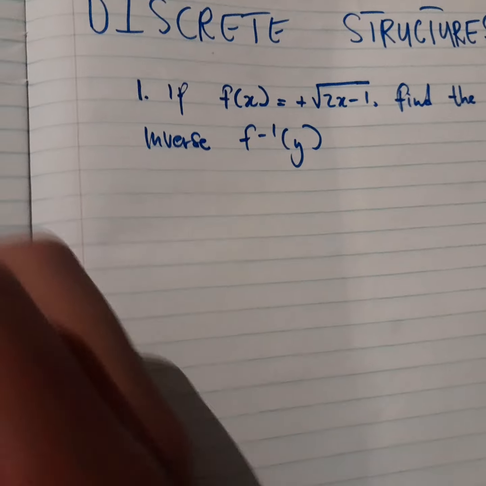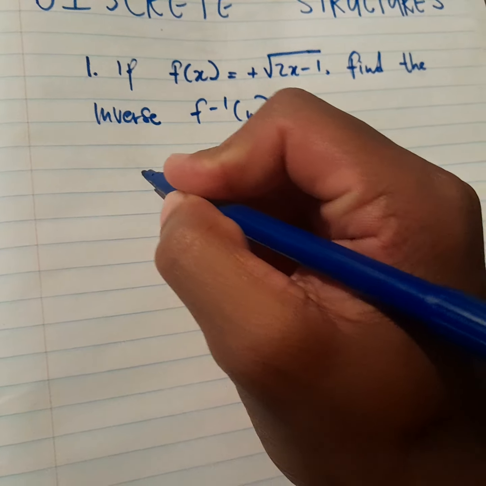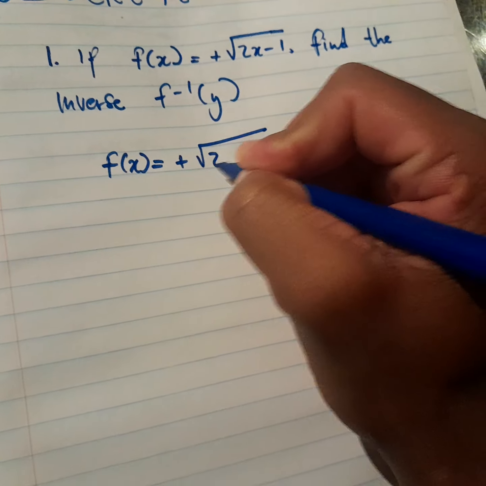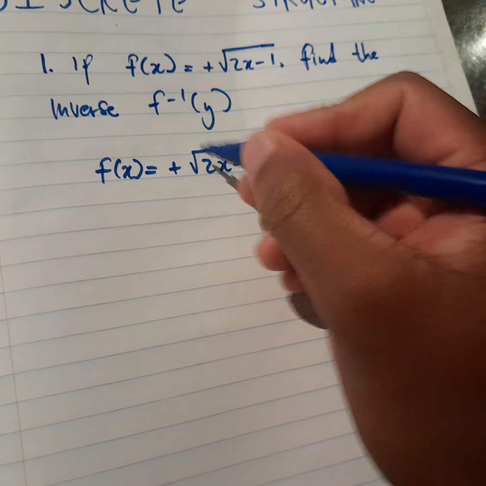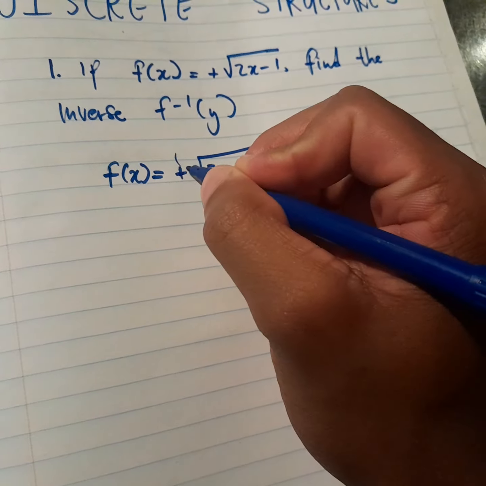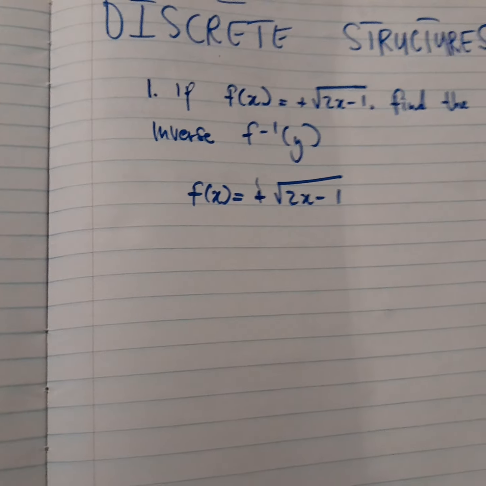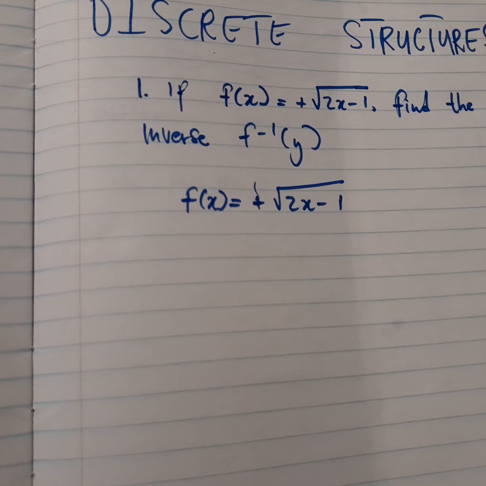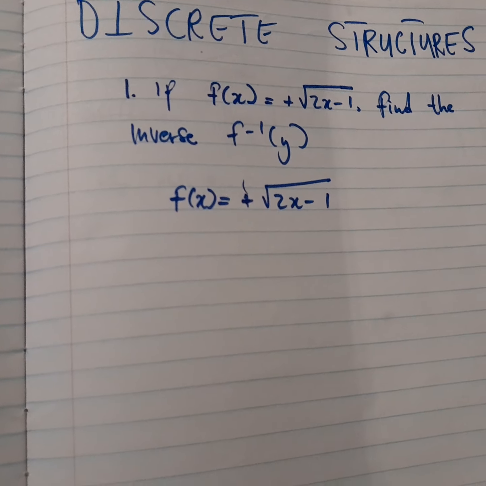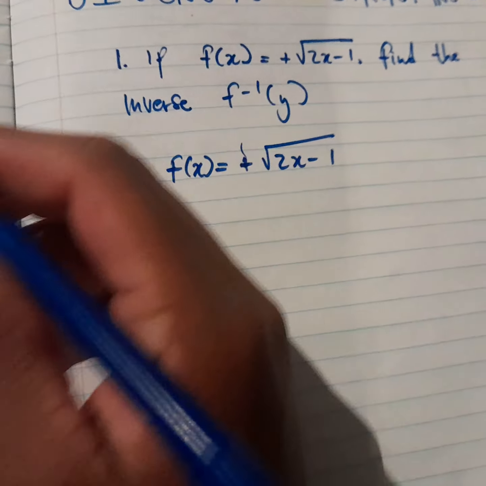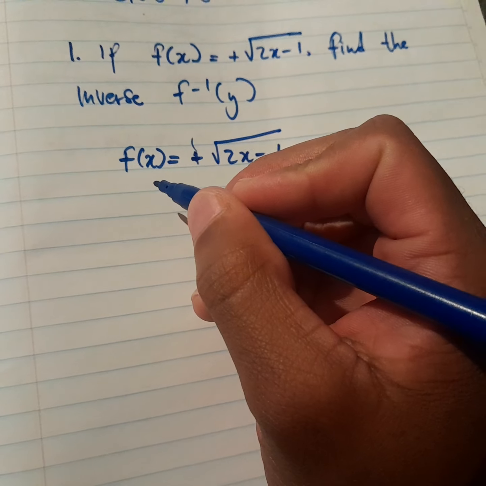So basically you start at f of x equals the positive root of 2x minus 1. If it was negative, f of x would be equal to the negative root of 2x minus 1. Therefore, on how to solve this, you are trying to make what?